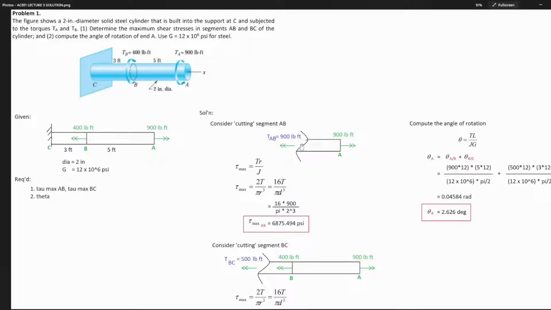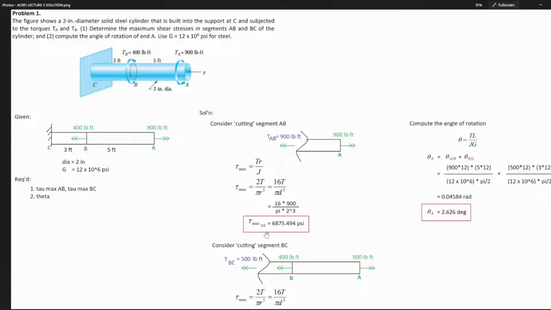900 pound-foot. Now, let's apply this to the formula. As said in the lecture, the maximum torsional shear stress is given by TR over J. Substituting the formula for J, we have this. We substitute 900 over 16 times 900 over pi times 2 raised to 3.